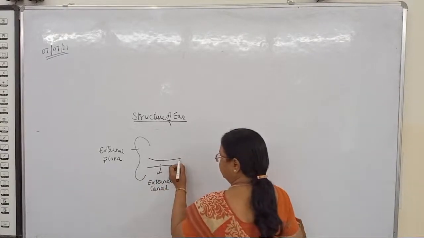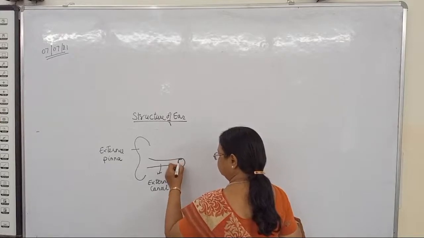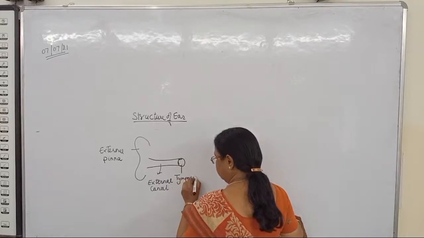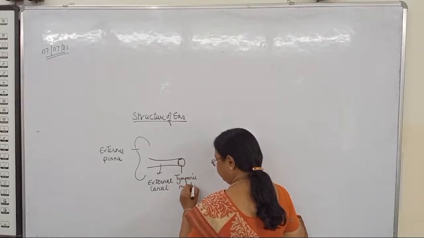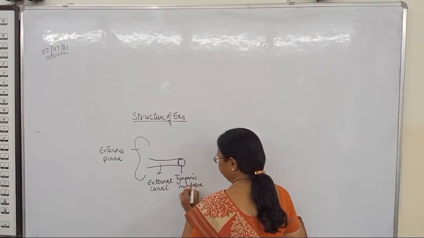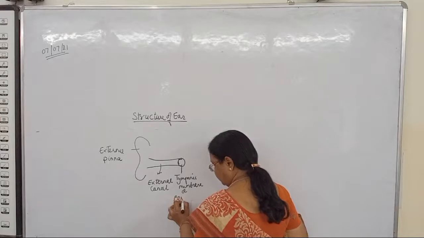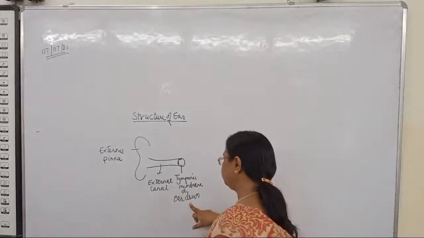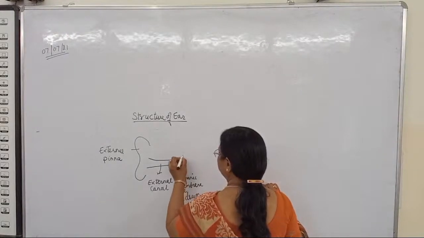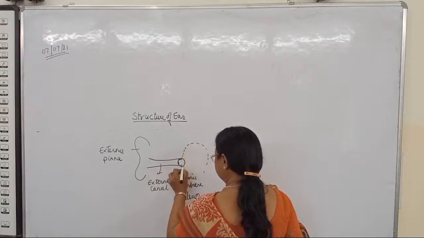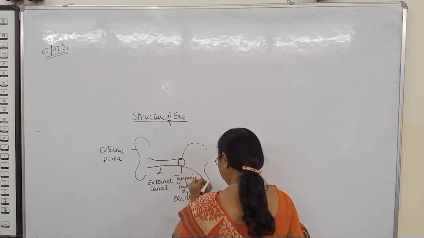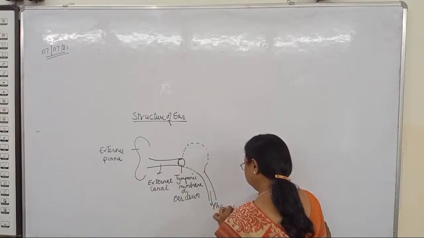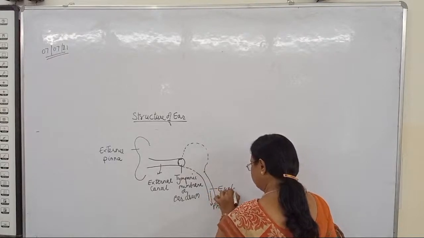External canal, and then the tympanic membrane. So this is the tympanic membrane, the eardrum, the ear. Then you have another chamber-like structure where a tube goes to the pharynx, opens in the pharynx, which is called a eustachian tube.